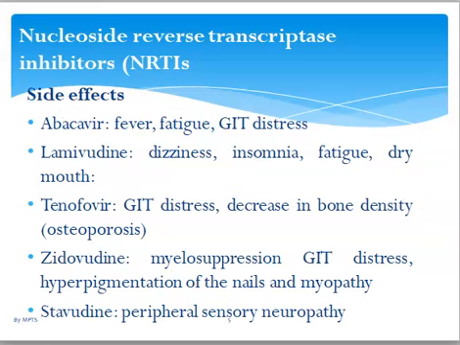Side effects, of course, briefly explain them. We have fever, fatigue, and GI distress for abacavir. Lamivudine is well tolerated, but patients sometimes experience dizziness, insomnia, fatigue, dry mouth. Tenofovir, the side effects we have are GI distress, and also osteoporosis has been reported, because sometime back I saw a patient who came walking with a stick after taking this drug, because of decreased bone density after some time.